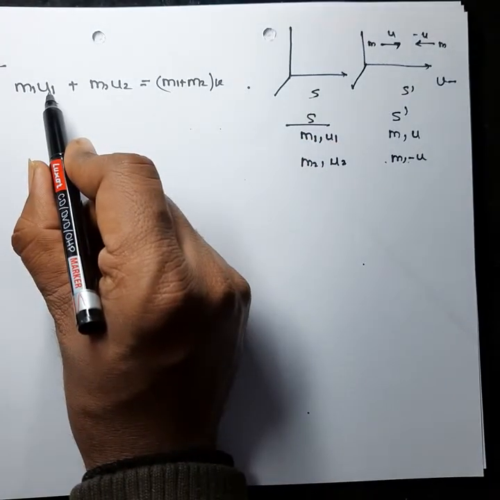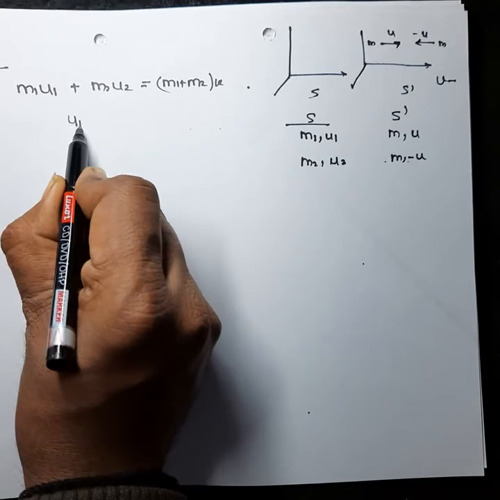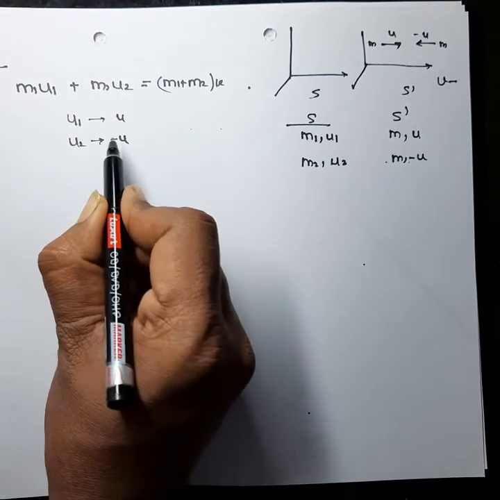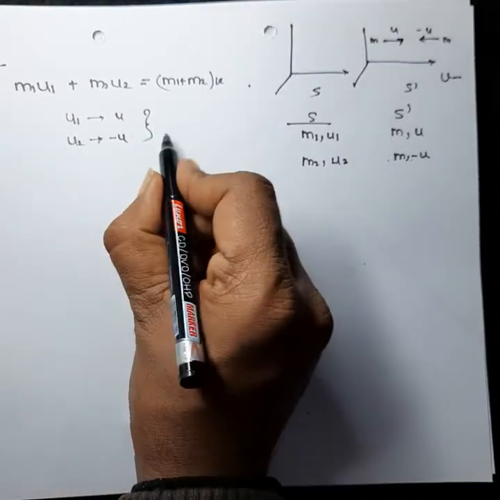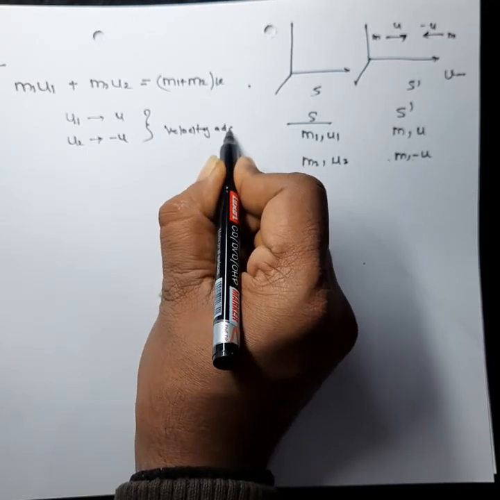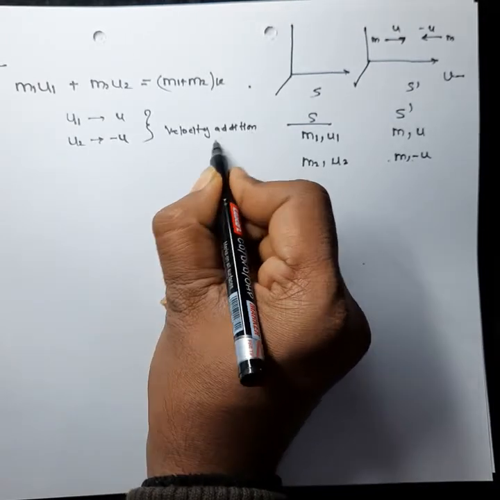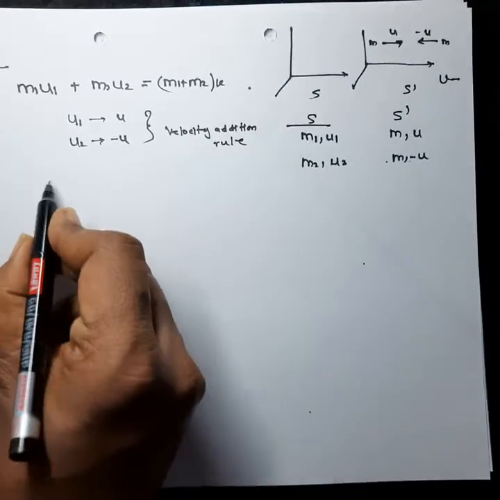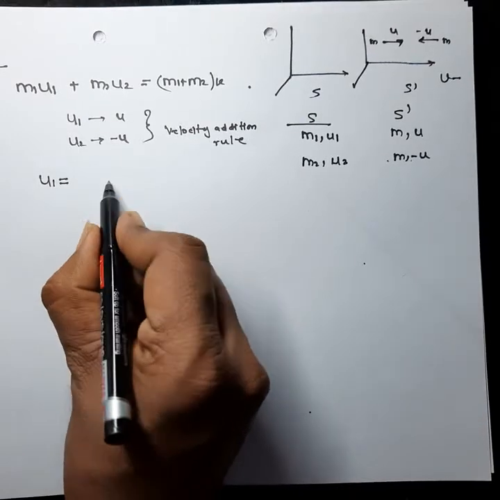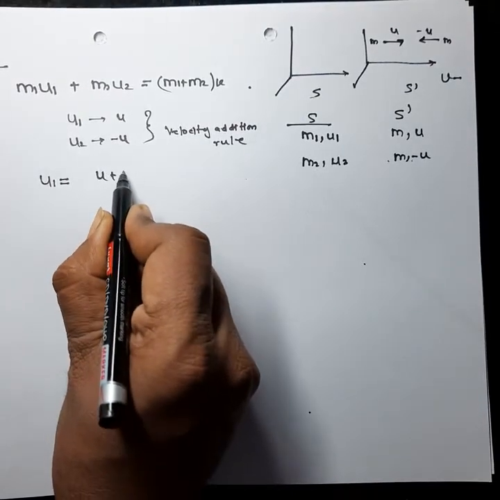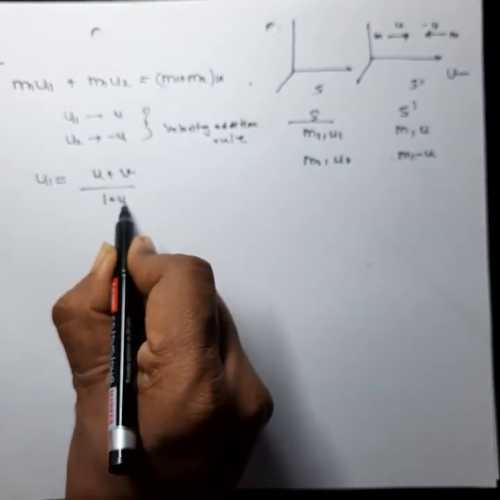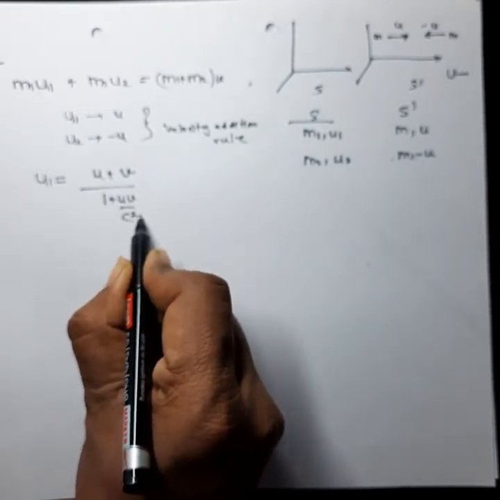So you can relate u1 with u and u2 with minus u. How will you relate? You have to use the velocity addition rule. Using the velocity addition rule, you can write u1 as u plus v divided by 1 plus uv by c square.